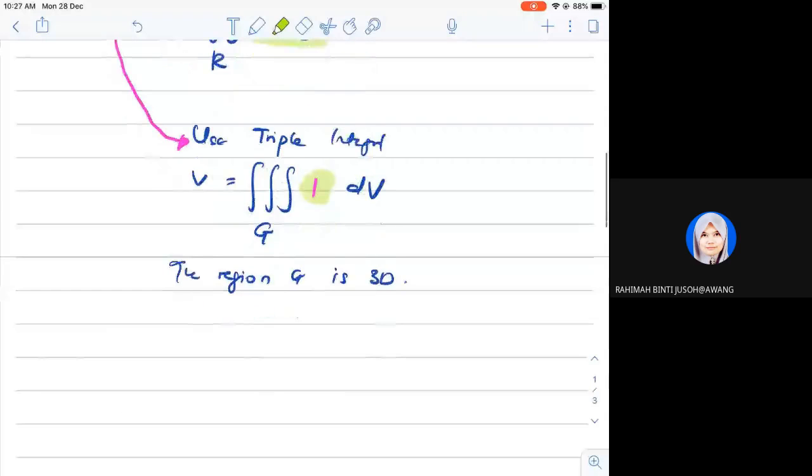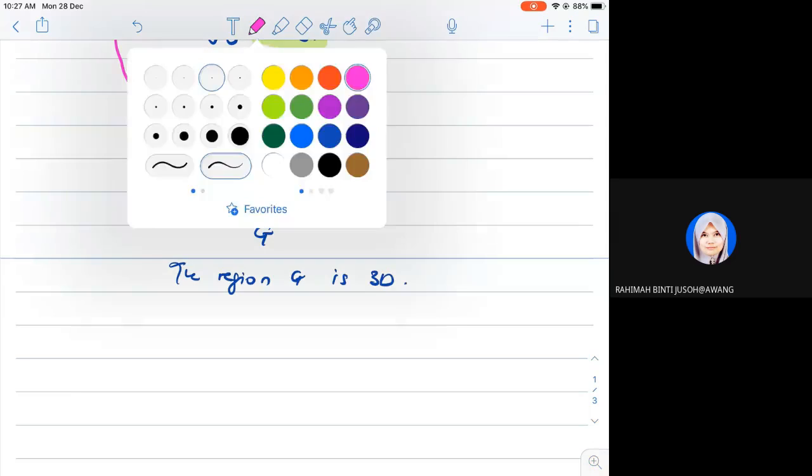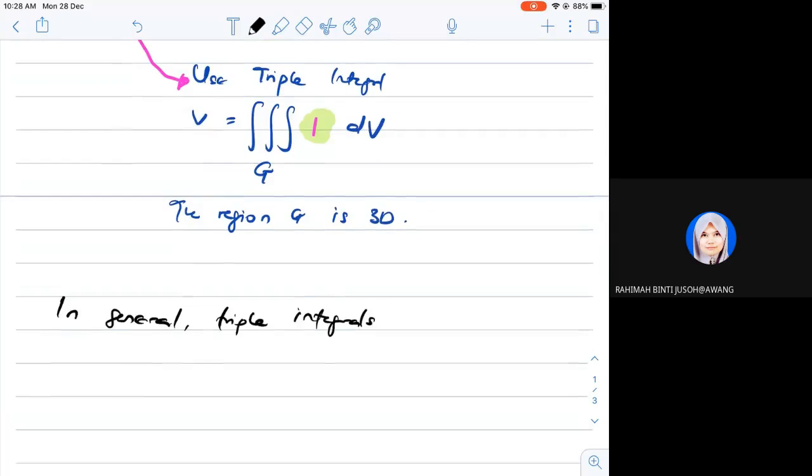What if we have triple integrals? Let's say in general, triple integrals over G, but in the middle we have a function f(x,y,z) dV.